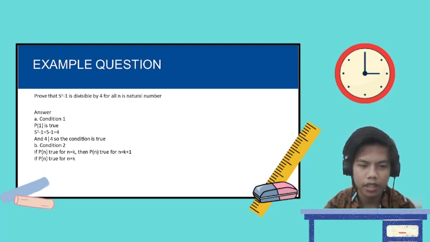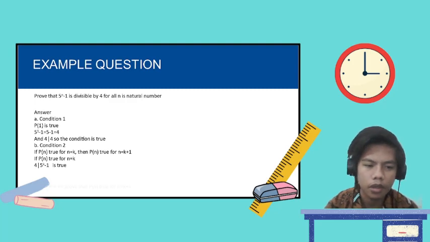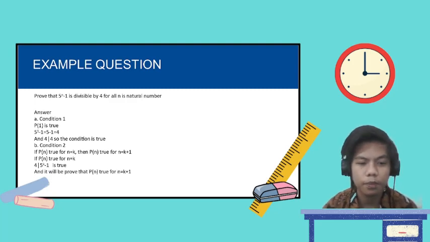And we can write that if Pn is true for n equals k, that is, 5 to the power of k minus 1 is divisible by 4, is true. And it will be proved that Pn is true for n equals k plus 1.